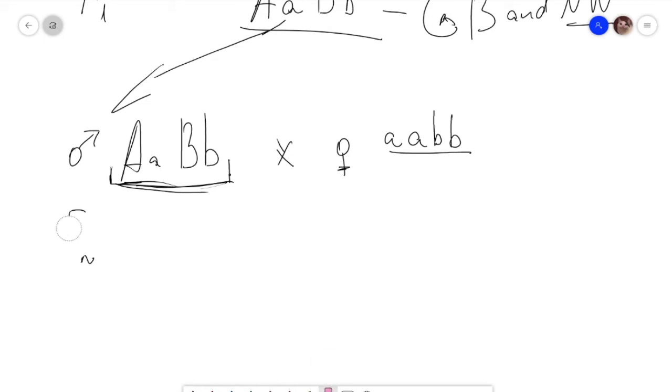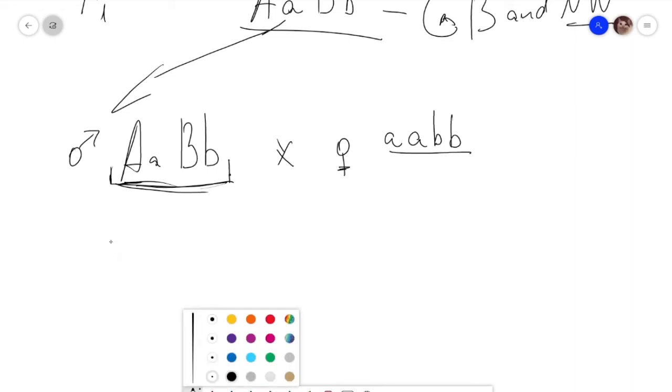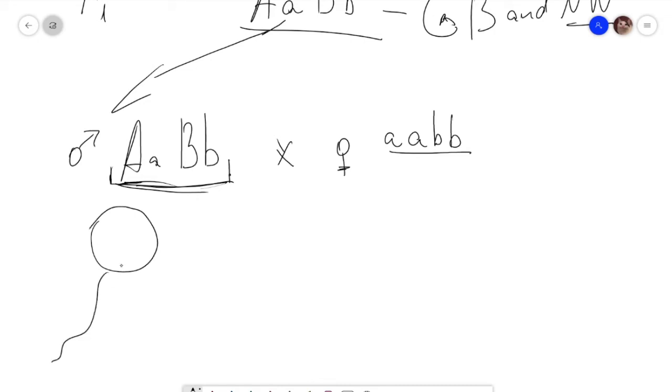First, sperm with both capital AB, with dominant genes, and sperm with only small ab, with recessive genes, because these genes are linked between them.